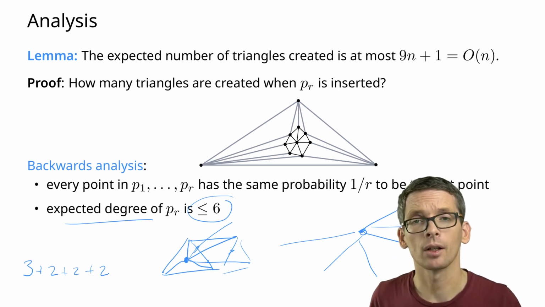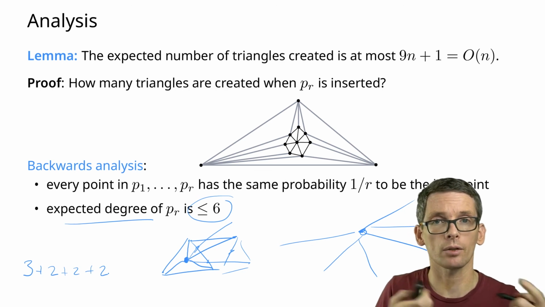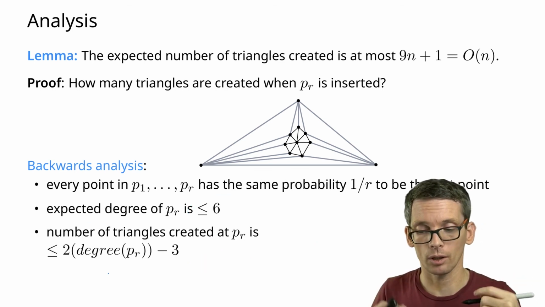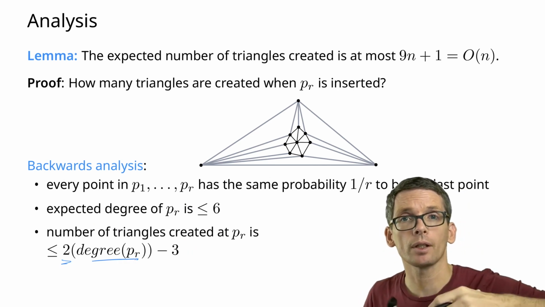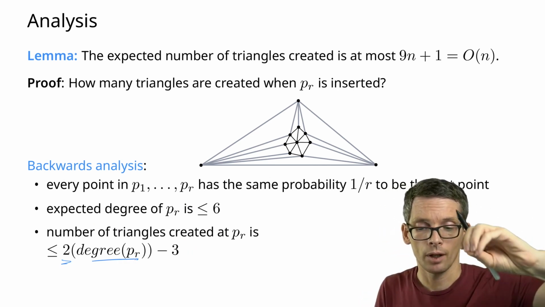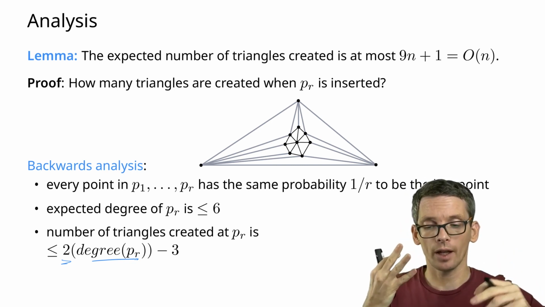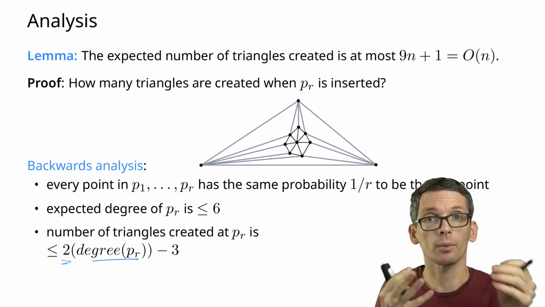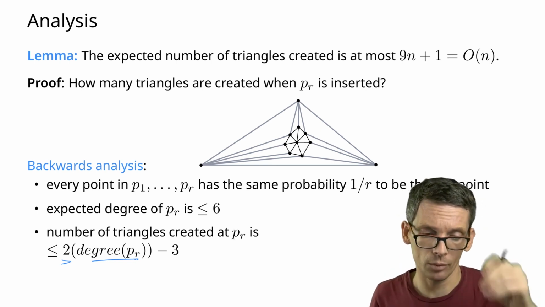One more plus 2 would give me, in this case, a degree of 6. More generally speaking, the number of triangles created if I insert a point of a certain degree is the following: 2 times that degree, because for every edge that I want to have, I pay 2, except for the first 3 edges, because I created 3 triangles when I first inserted.